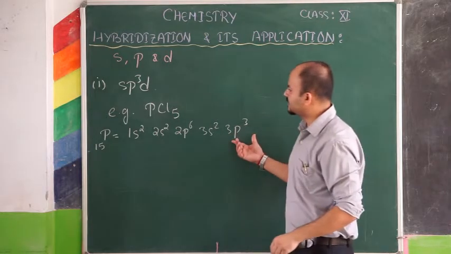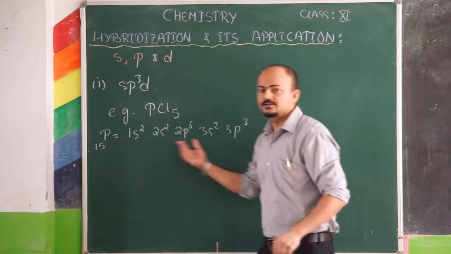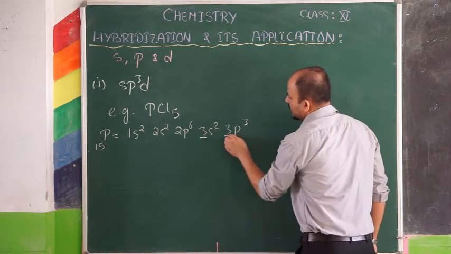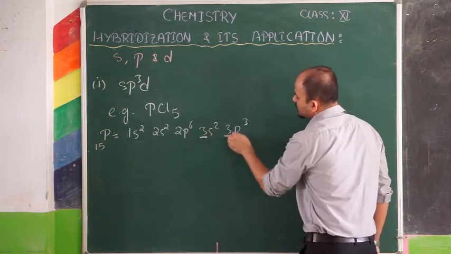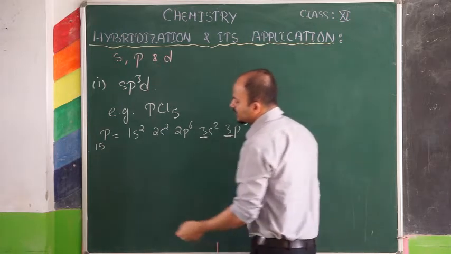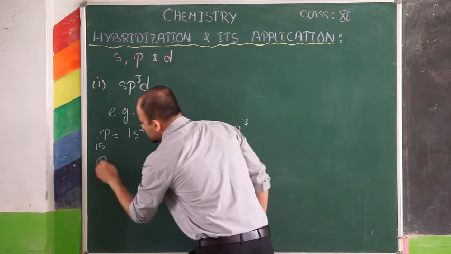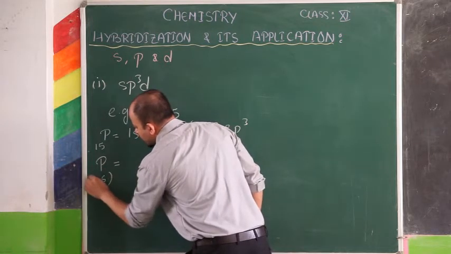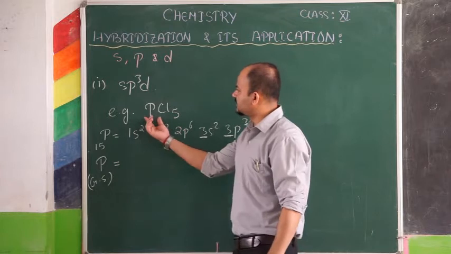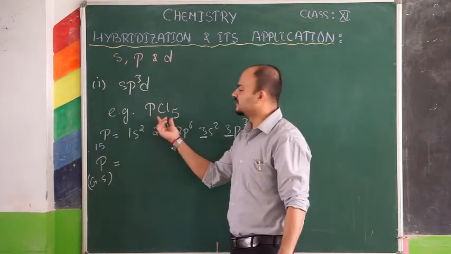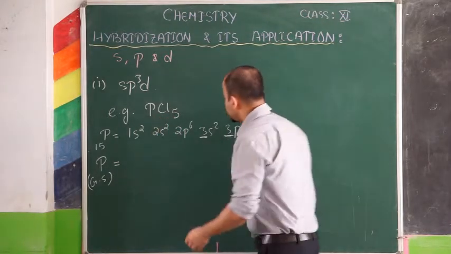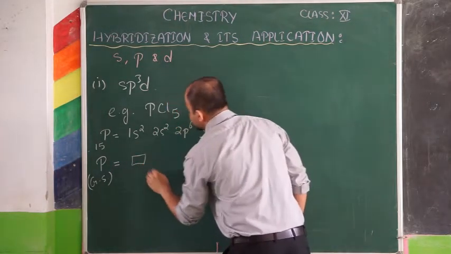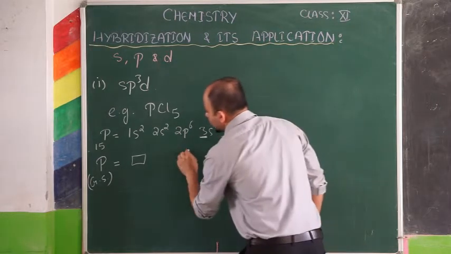So in the outermost shell you have these 3s and 3p orbitals. In our previous video we also discussed the ground state and excited state of elements. Phosphorus here is the central element in the case of PCl5, so we will be taking only the outermost orbitals, that is s and p orbitals.